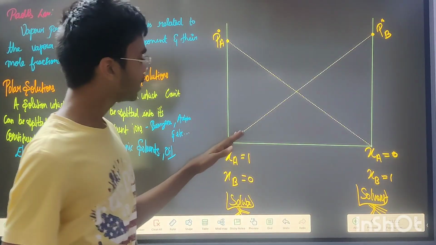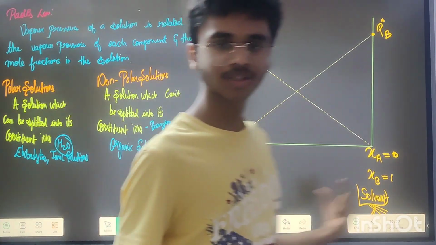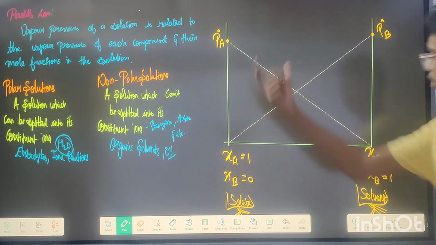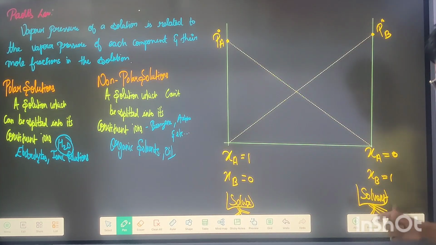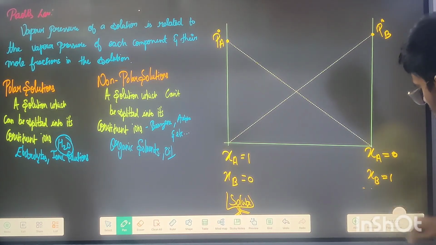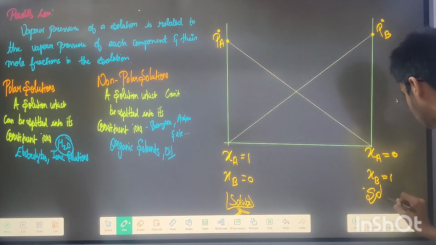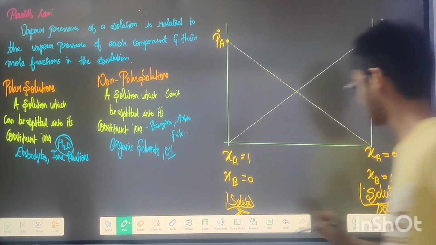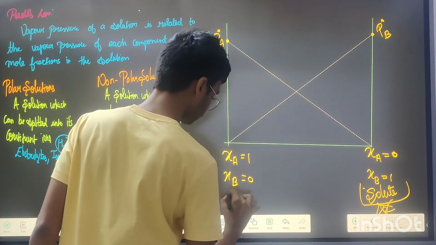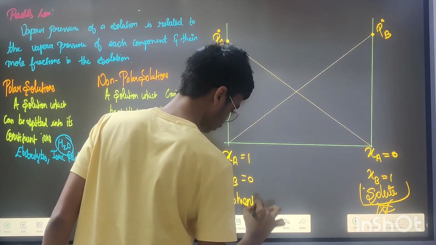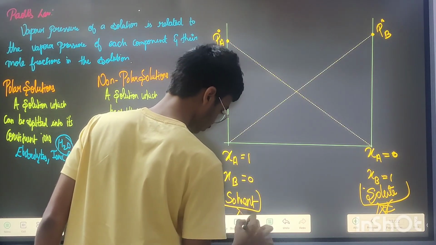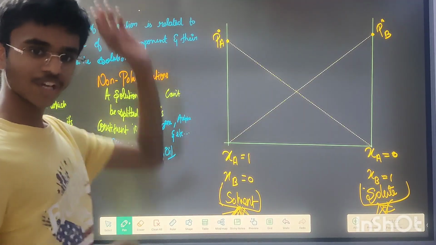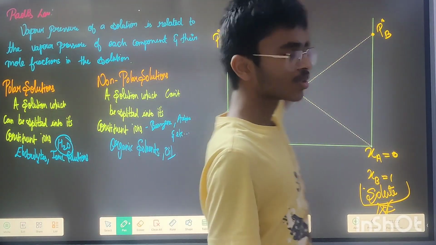See, here you are having just solvent, here you are having solute. Here it should be solute, right? And here it is going to be solvent. So this is going to increase, this is also going to increase.